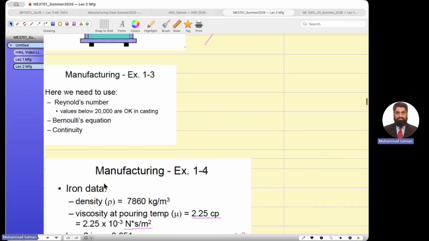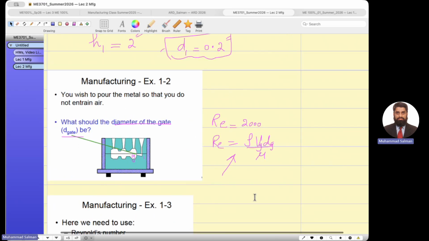In this problem, how many risers? Three risers. At a certain distance, you need another riser, an opening in the sand mold, the cope. You provide an opening so that when you pour the metal, it also goes into the risers automatically. That molten metal comes back into the mold, because their solidification time is a little bit less.